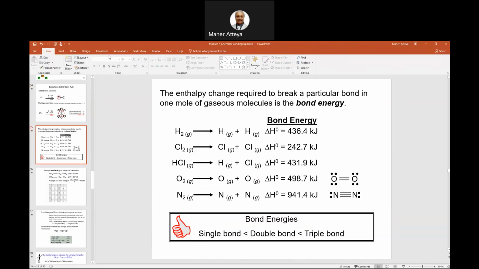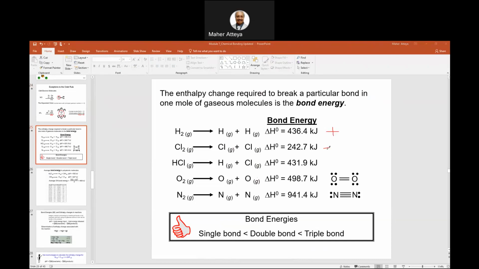Come on, guys. You put energy in because you cannot break a molecule without putting in some required energy to break it. So this one is what? Endothermic. And therefore, can you see here? That's endothermic. Look at this, guys. All those are positive.